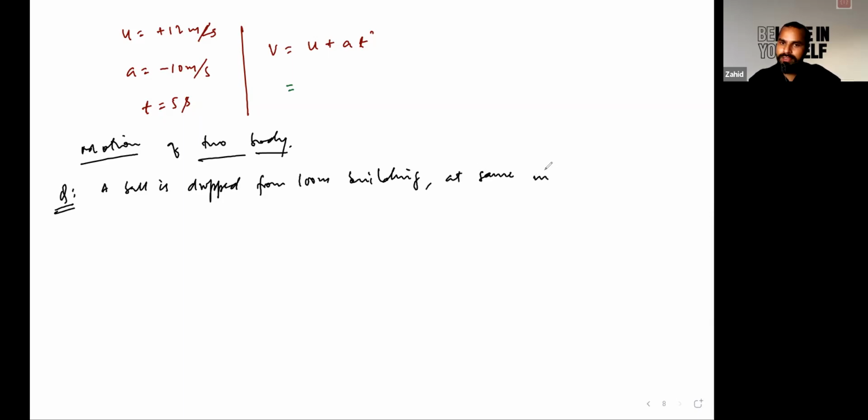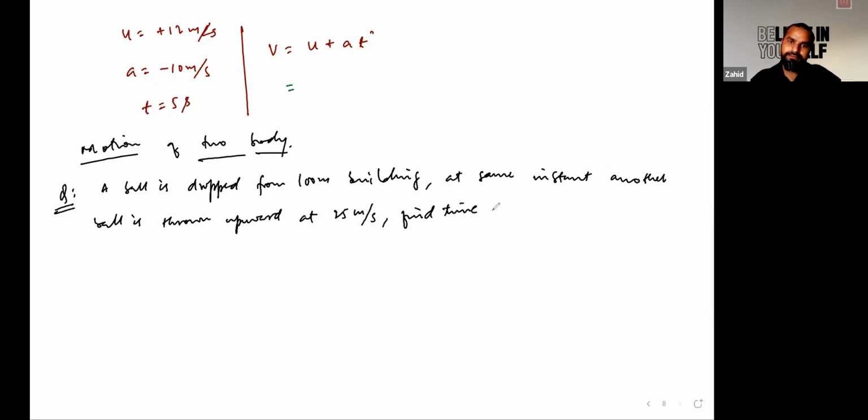At the same instant, another ball is thrown upward at 25 meters per second.